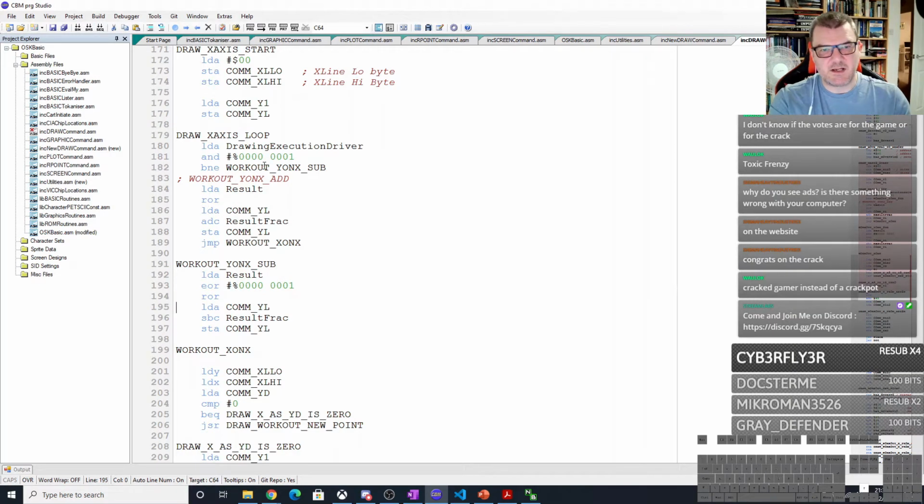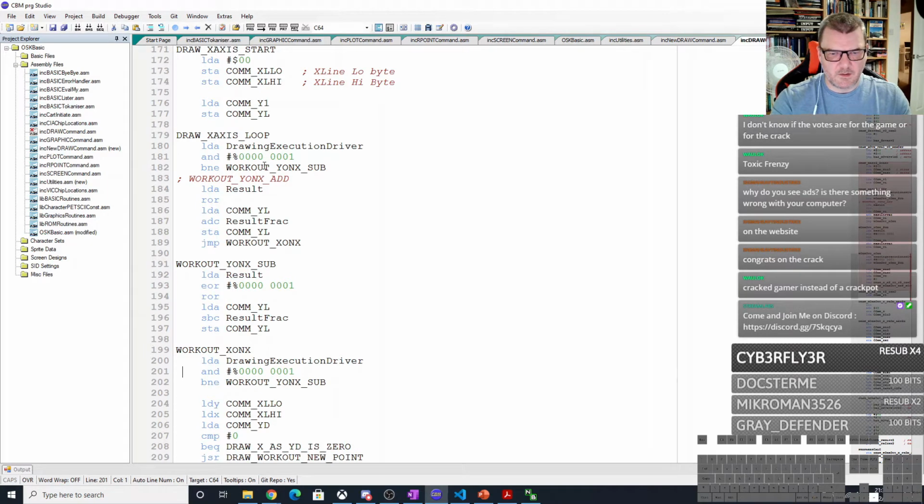Right, so we now need to do the same thing for the X. But this time we are looking at that one. If it's not equal, if it is equal, this is work out X on X add.